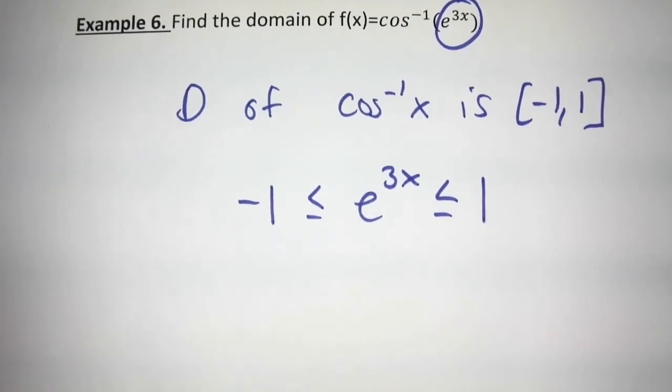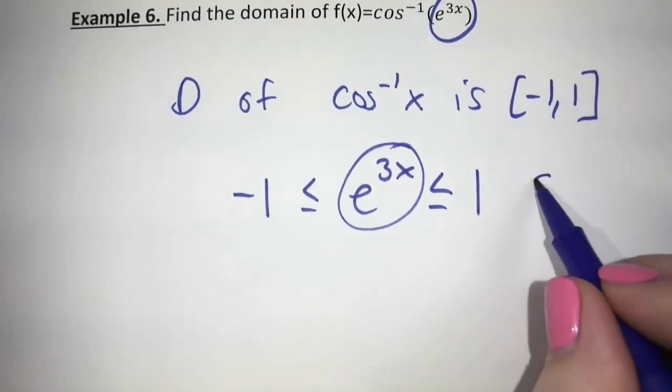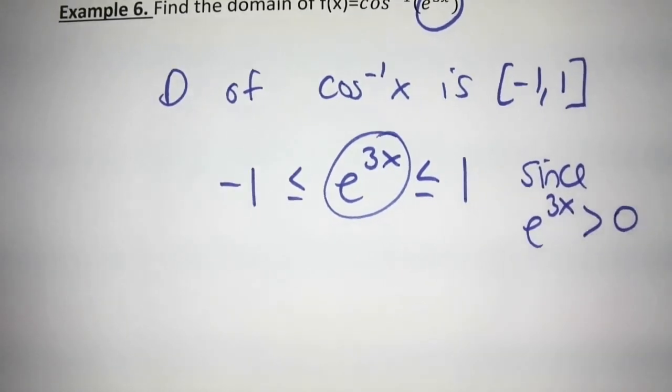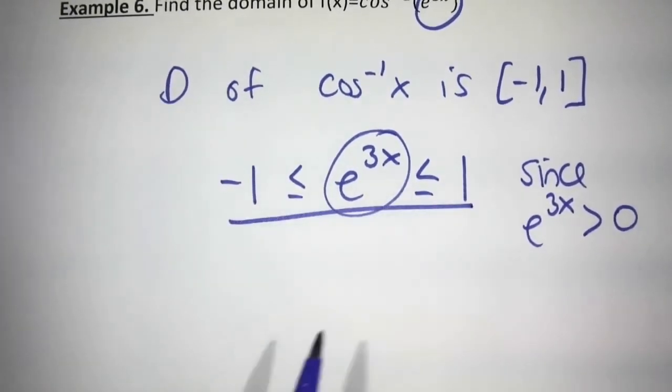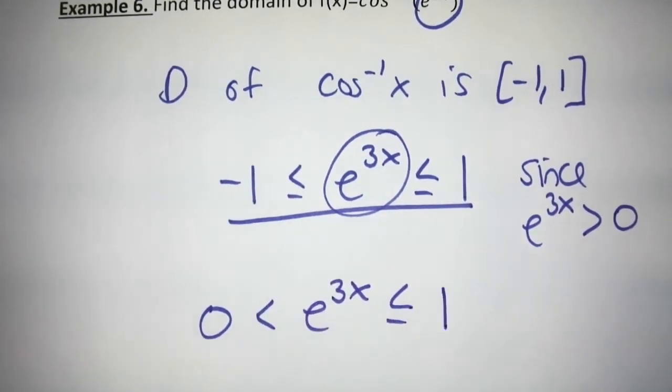Now we know that e to anything is always going to be greater than 0. E to anything is not going to be 0, and e to any negative number is just 1 over that number, so we can't get a negative number from that. So since we know that e to the 3x is always positive, we can say this really simplifies to 0 less than e to the 3x less than or equal to 1.